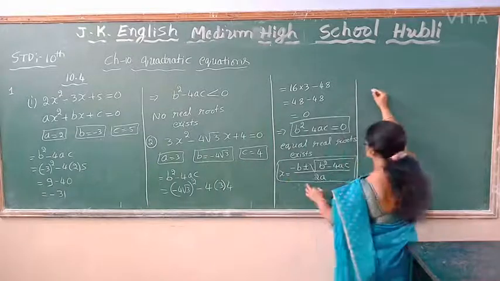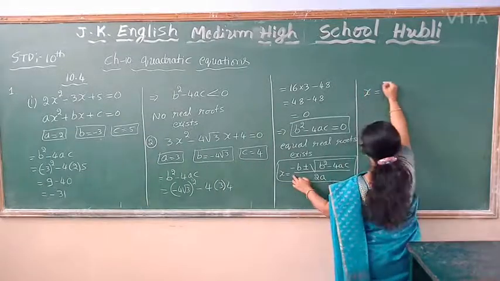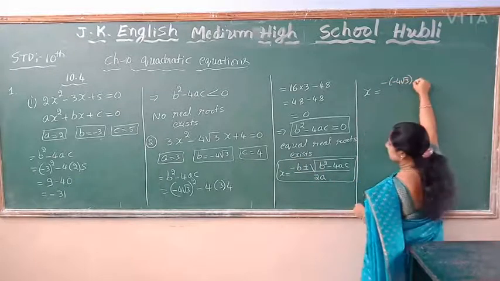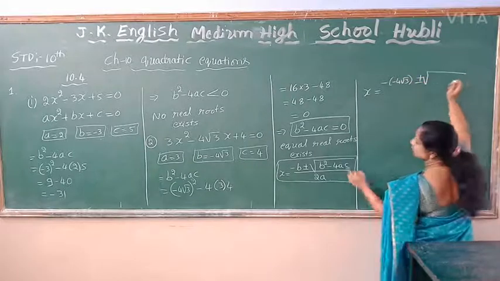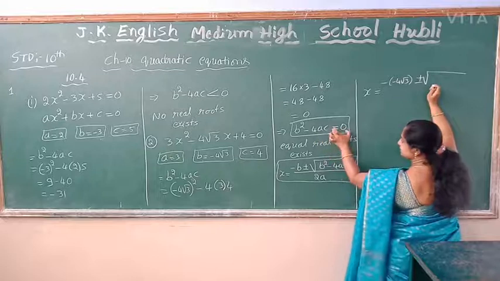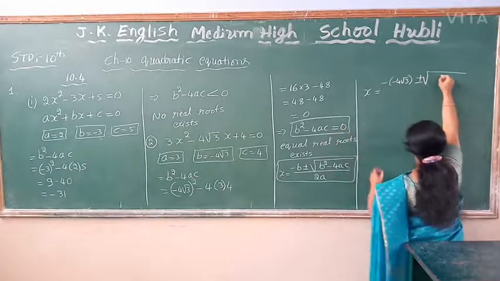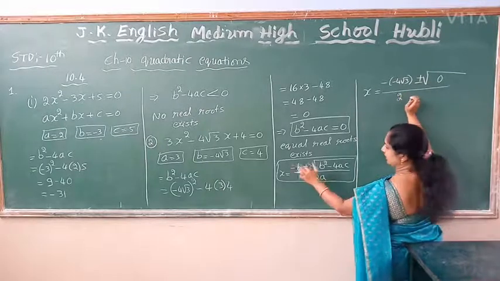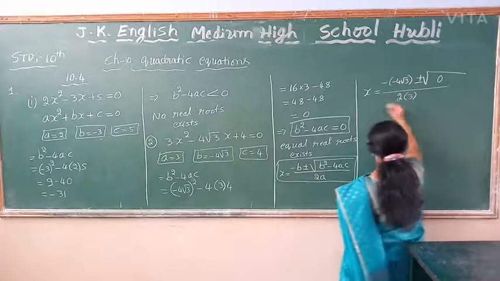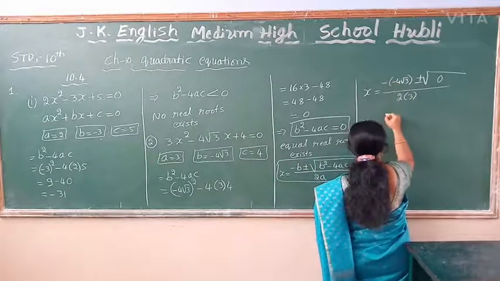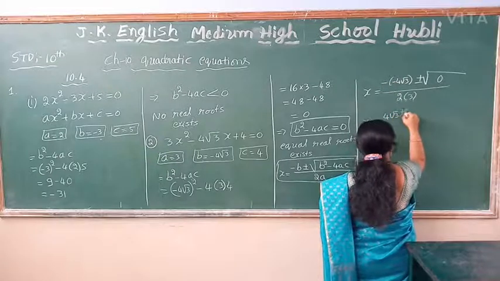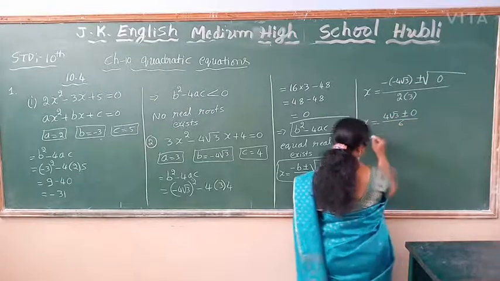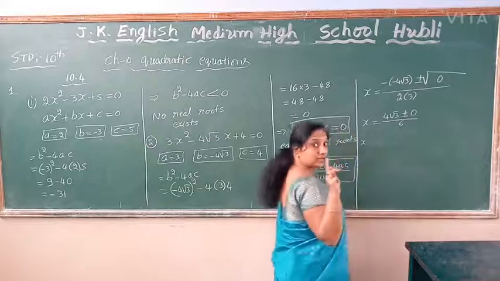X is equal to minus b value, minus 4 root 3, plus or minus square root of b square minus 4ac, which I can substitute directly as 0, divided by 2a. The 2a value is 6. So x is equal to plus 4 root 3 plus or minus 0 divided by 6. So here, once you add, we are going to get 2 real roots.